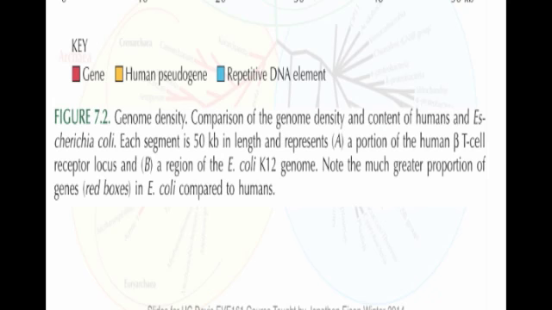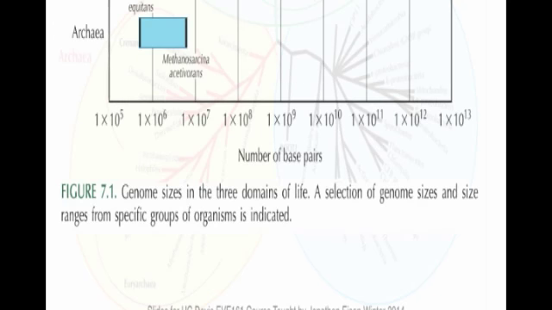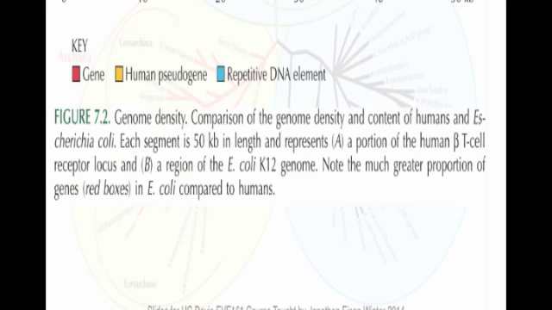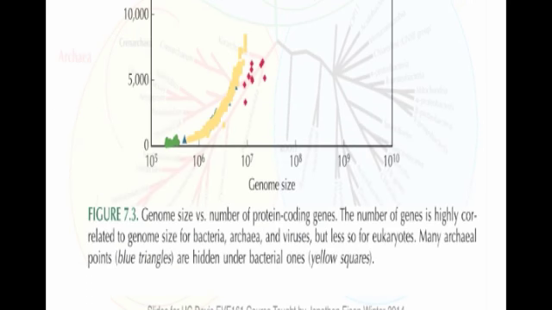I mentioned this before, but the reason that some eukaryotes have these massive genomes is mostly not that they have many more genes than are seen in either the other eukaryotes with smaller genomes or even in bacteria and archaea. It's mostly that they have lots of intergenic DNA in between genes, or in between protein coding regions of genes. So I'll come back to that figure in a second.